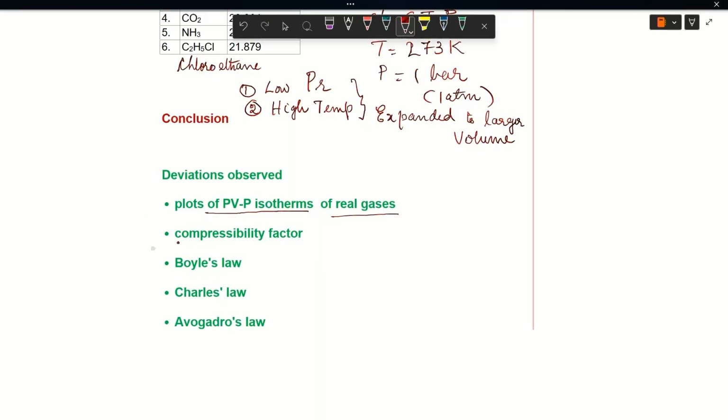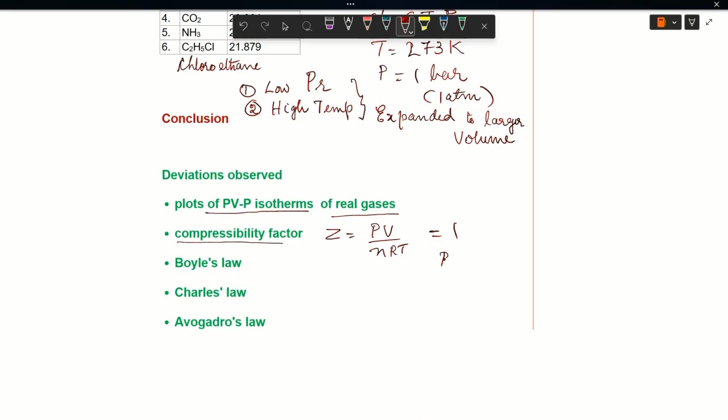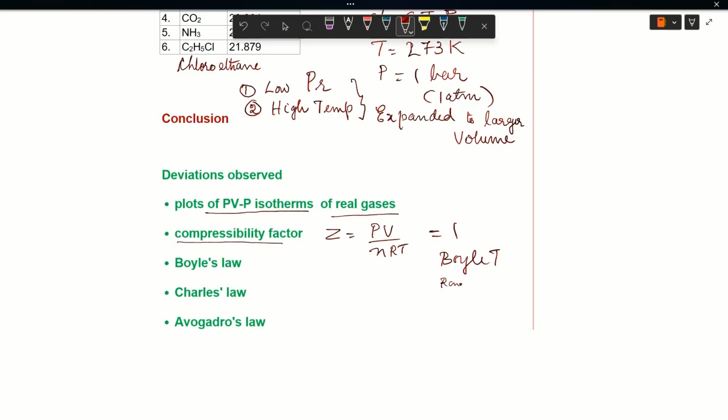Next is the compressibility factor, Z equal to PV by nRT, which should be equal to 1 for ideal gases. This is not followed by real gases, but at Boyle temperature the gases tend to be ideal and show Z equal to 1 for a small range of pressure. If the pressure is changed, again it is not equal to 1.